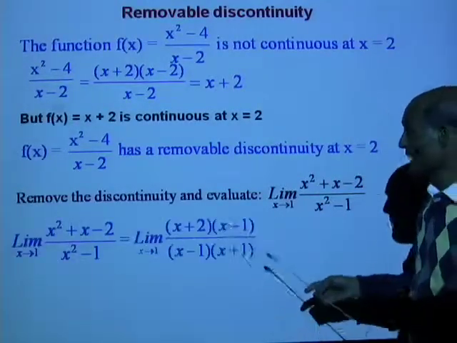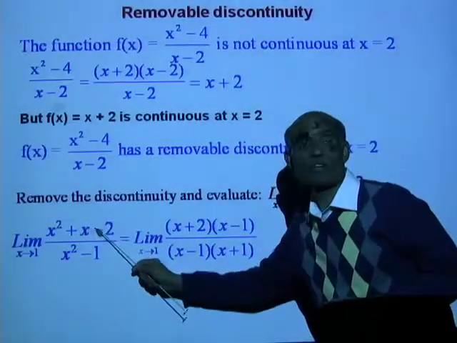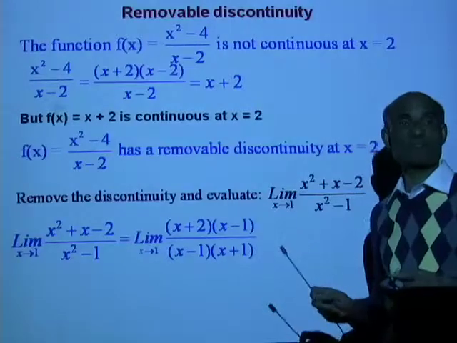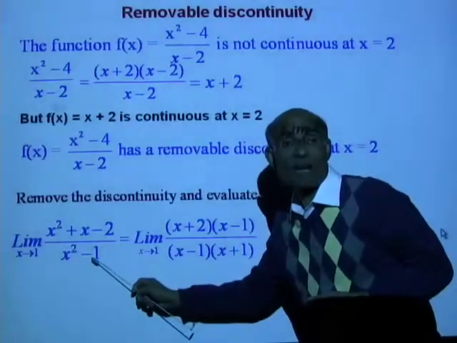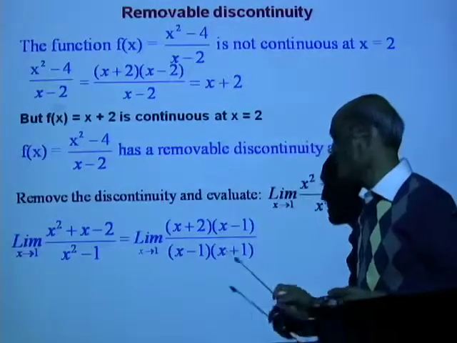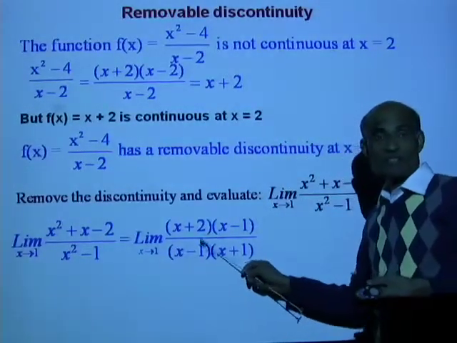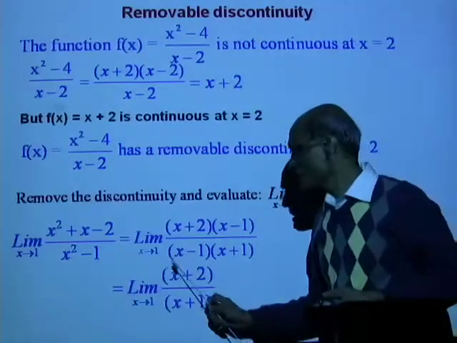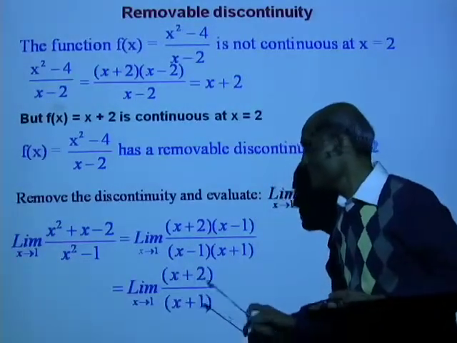So we factor x squared plus x minus 2 as x plus 2 times x minus 1. X squared minus 1 is x plus 1 times x minus 1. And you notice the x minus 1 will cancel, leaving us x plus 2 over x plus 1.